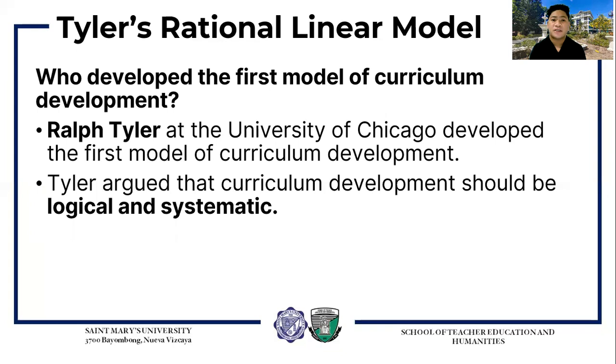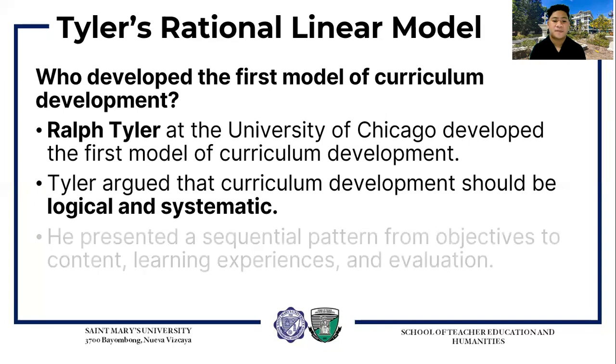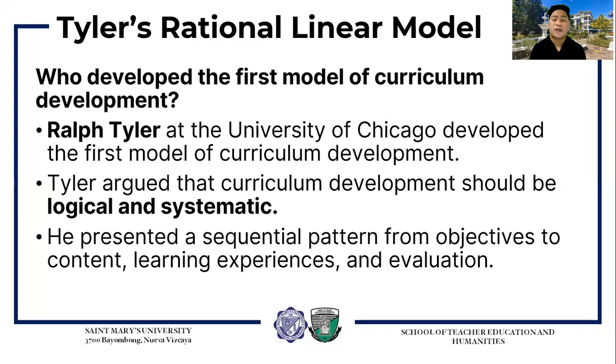We have reasons on how we can develop the curriculum, and it has to follow a step-by-step procedure. He presented a sequential pattern from objectives to content, learning experiences, and evaluation. I think this is very familiar for those who have experienced writing lesson plans already.